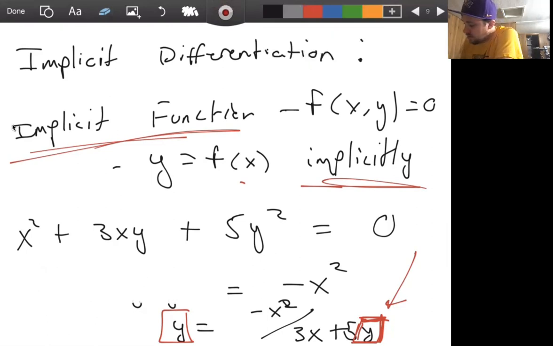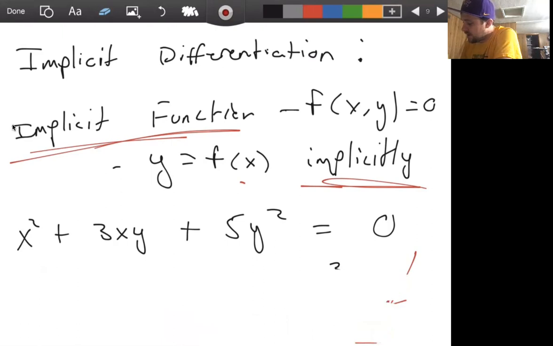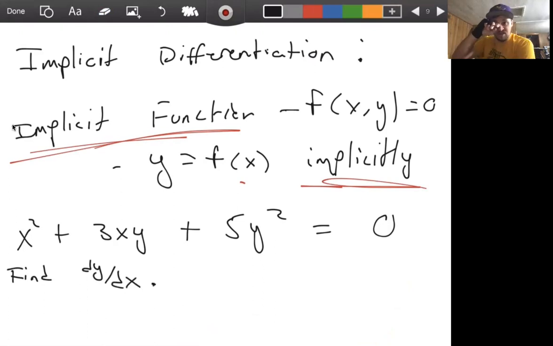We can still find, like with this example, what if we wanted to find dy dx? Because this is still a function and it still has a derivative, but it's expressed implicitly. And so how can we do that?